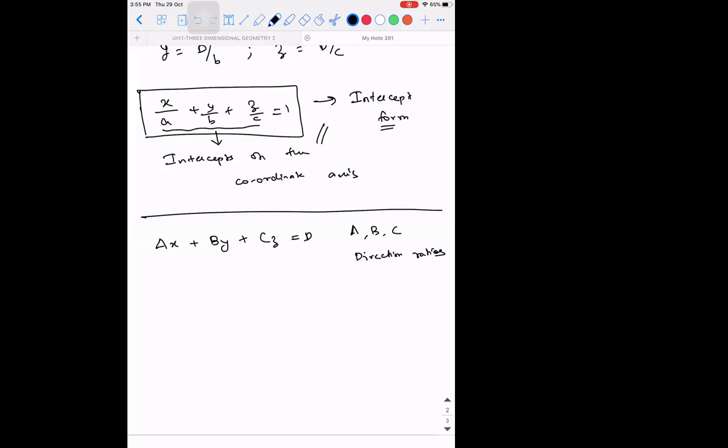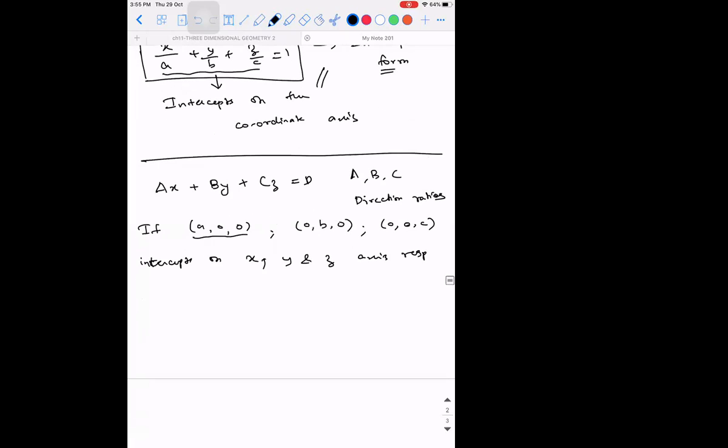Now see, if a comma 0 comma 0, 0 comma b comma 0 and 0 comma 0 comma c represent the intercepts on x, y and z axis respectively, then if you take this and substitute it here, you will get capital A into small a is equal to capital D, which implies capital A will be equal to D by a.